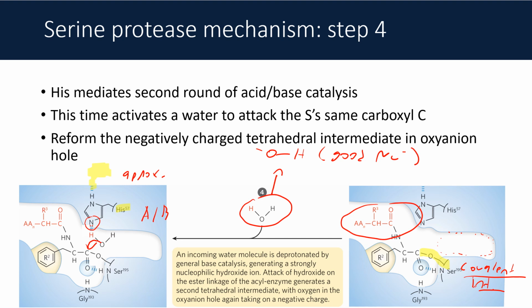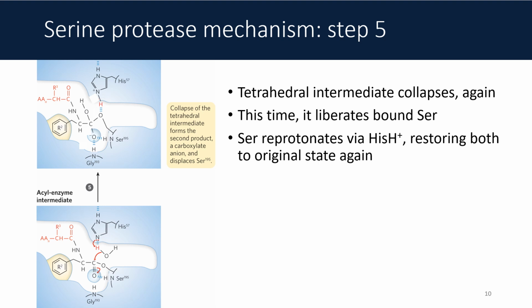The steps you'll see moving forward are going to now look a little bit familiar. Histidine's activation of water is going to induce the formation of another tetrahedral intermediate. We're adding a bond to this ester carbon.